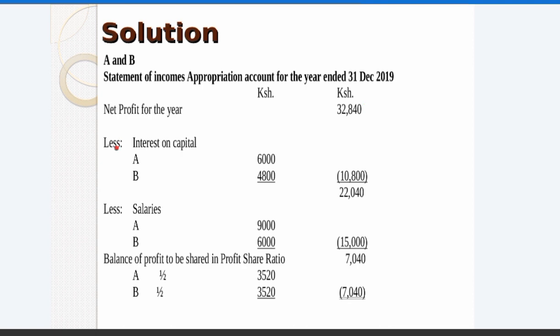We are supposed to deduct the interest on capital, which we computed: A was 6,000, that is 10% of 60,000, and B 4,800, which was 10% of 48,000, totaling 10,800. If you deduct 10,800 from the profit of 32,840, the amount remaining is 22,040.